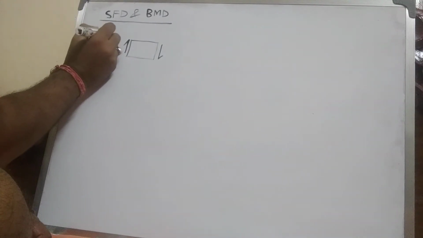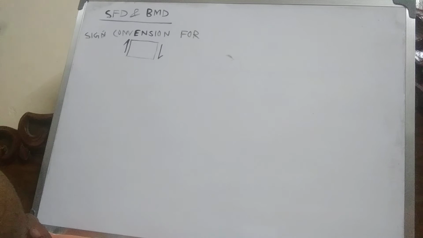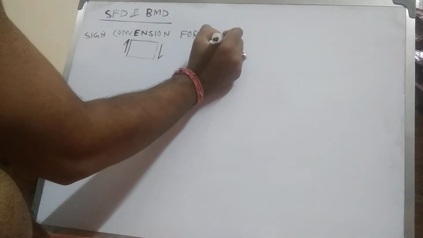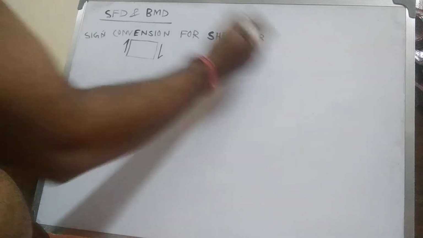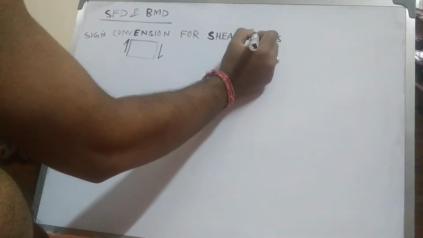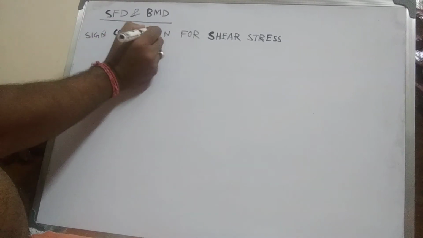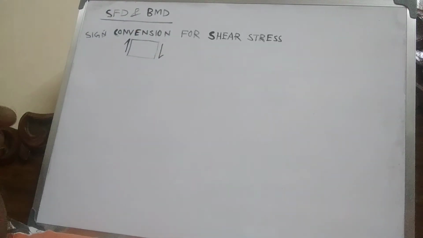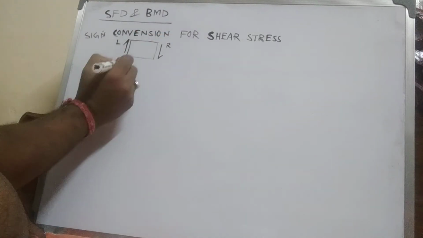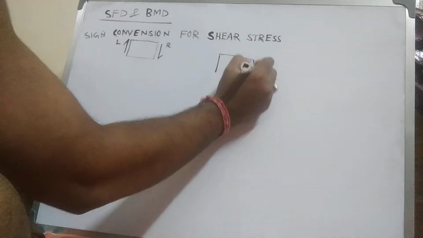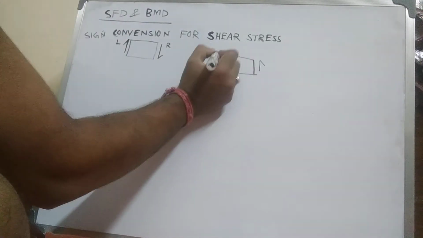Clockwise rotation, sign convention for shear stress: left to right is positive, and this is negative. Counterclockwise or anti-clockwise.